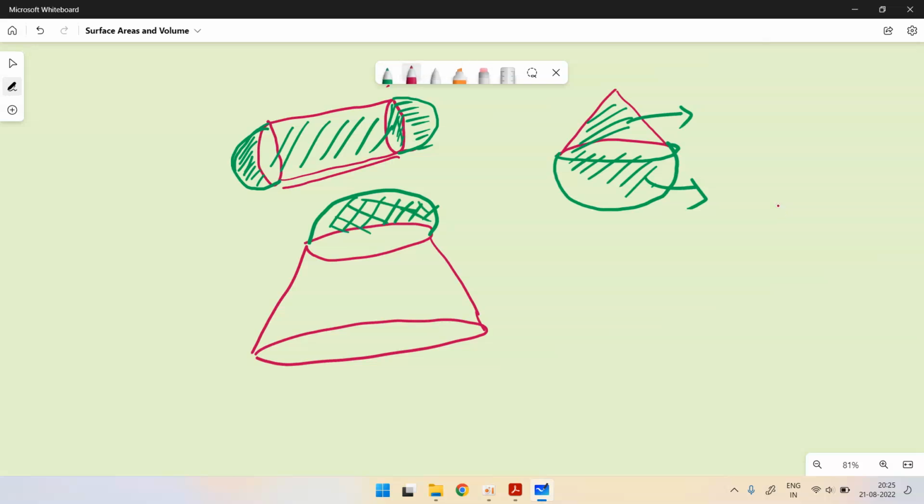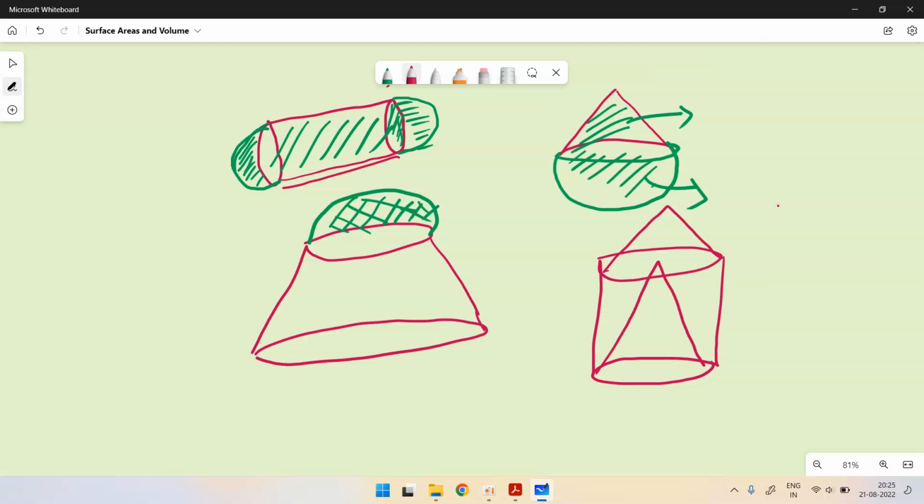There can even be questions on this, either here or where the cone is inside. This type of question can be asked in an examination. You have to answer applying the things you have studied here.